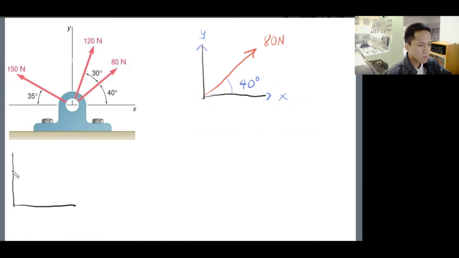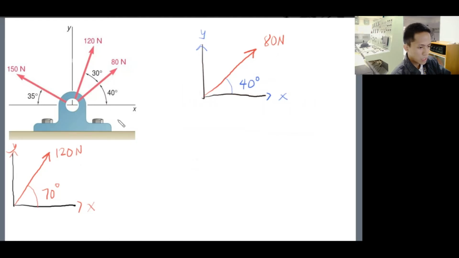Okay? So, for 120 newtons, we have this force. So, this is 120 newtons. Then, we have here positive x-axis. You have here positive y-axis. Now, yung angle niya with respect to the positive x-axis, you have here 30 plus 40. So, this is 70 degrees. Okay? So, yung ating 150 newtons is na second quadrant siya.